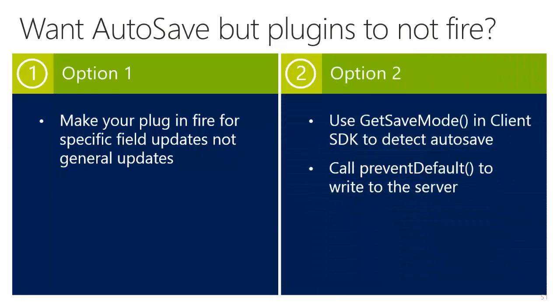Via the SDK, we provide a way to get the save mode for the form while it is open. And once we're able to retrieve the save mode, we can detect if the save was triggered due to an autosave, and if so, there's another method that we have now provided called prevent default, which allows you to stop the save from writing to the server every 30 seconds. Let's go ahead and do a deeper dive now about the autosave functionality.